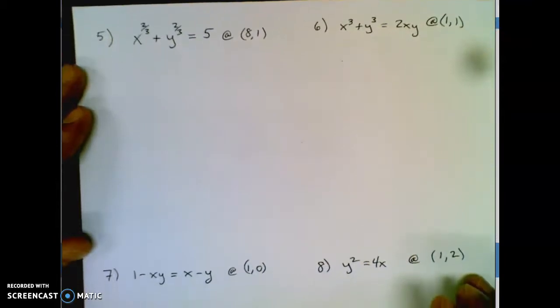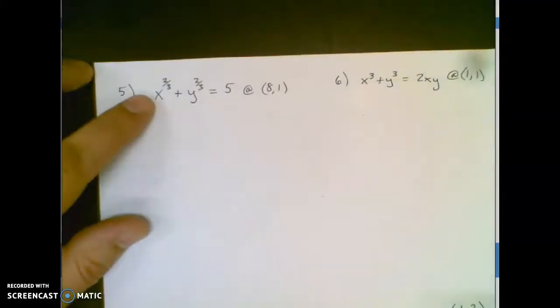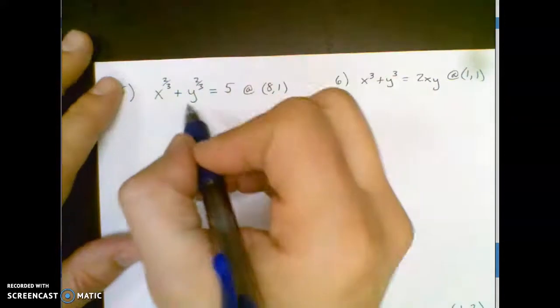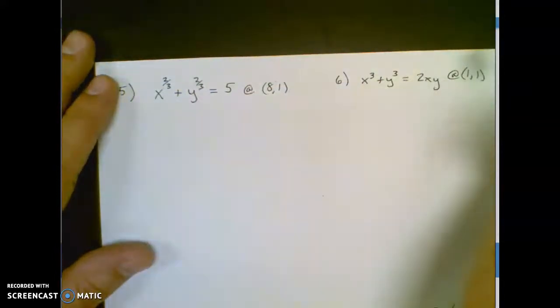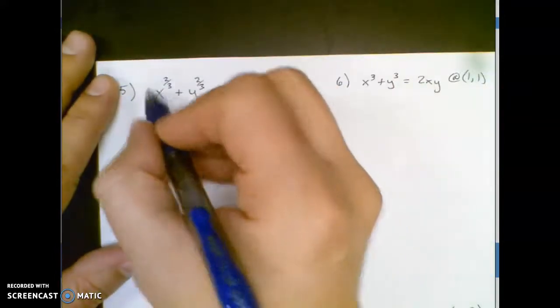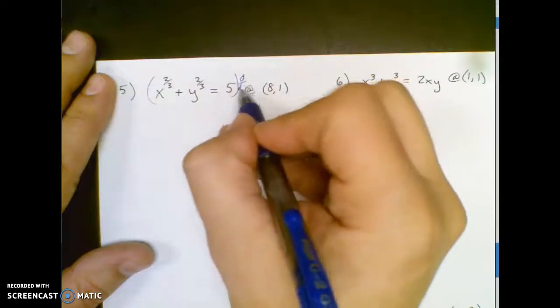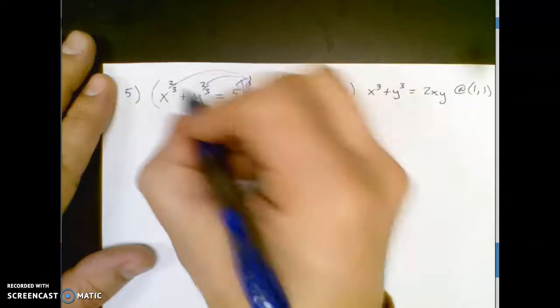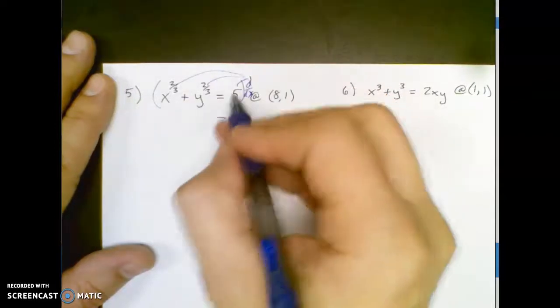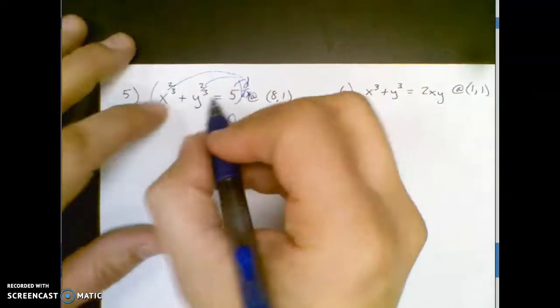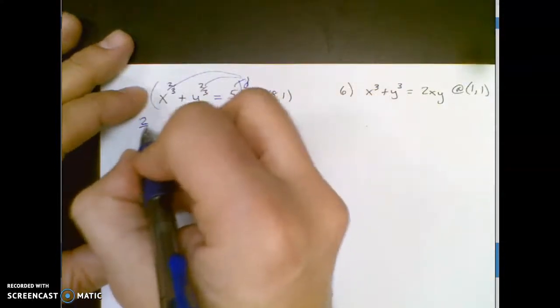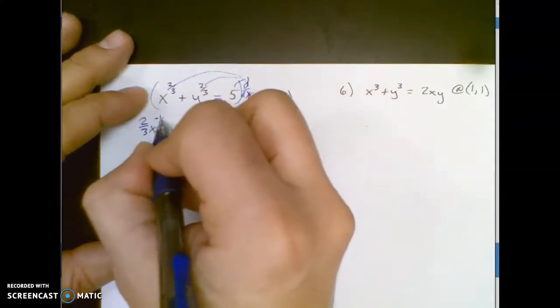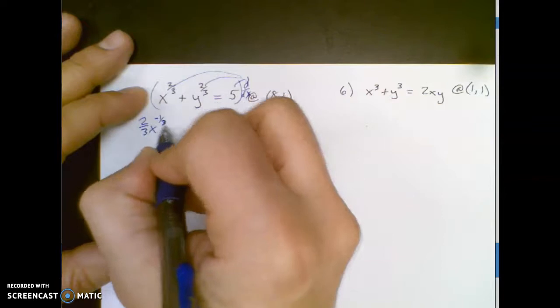I don't know, maybe this one just for old time's sake. Just to see, the numbers get kind of ugly. So you're going to take the derivative with respect to x of each piece. This one's easy, 0. Derivative of 5 is still 0. Derivative of x to the 2/3 is 2/3 x to the negative 1/3, because you're subtracting 3/3.